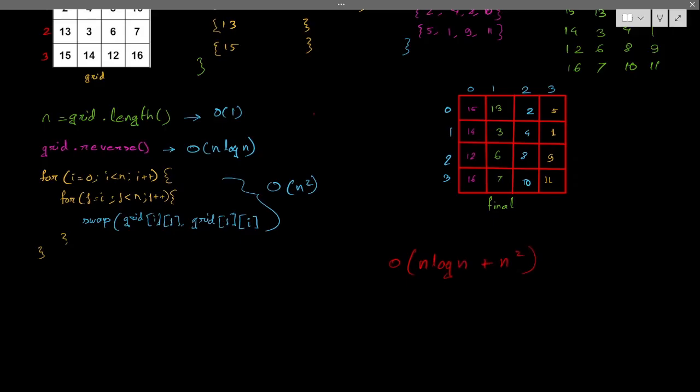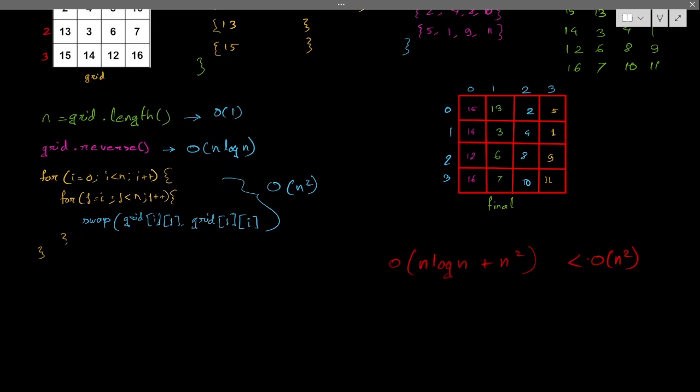As I told you earlier, from the mathematical function, it is n square, but it is less than n square. And we know n log n is less than n square as well. So at the end, the overall time complexity is less than actual big O of n square.